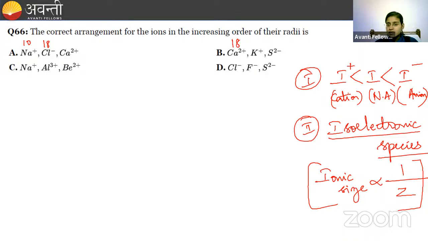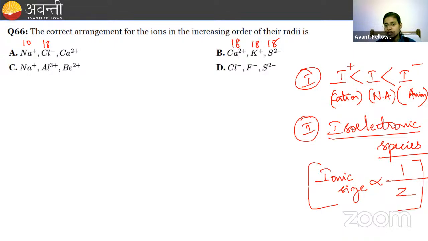For potassium, the atomic number is 19 and if it loses 1 electron, it is 18. Sulfur's atomic number is 16 and if it gains 2 electrons, it becomes 18. So option B is an isoelectronic set.